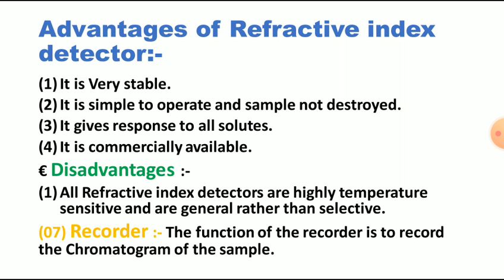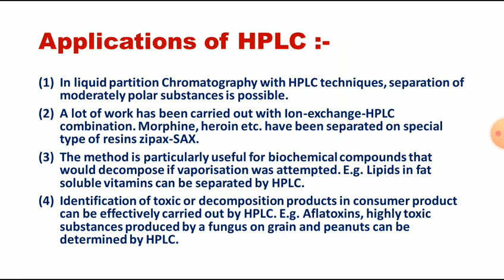Now the last part of this topic will be the applications of HPLC. See, application number 1. In liquid partition chromatography with HPLC techniques, separation of moderately polar substances is possible. Second, a lot of work has been carried out with the ion exchange HPLC combination.